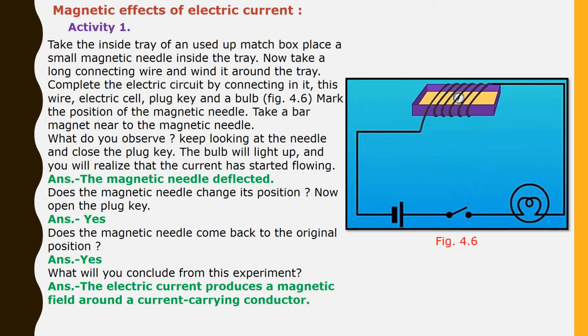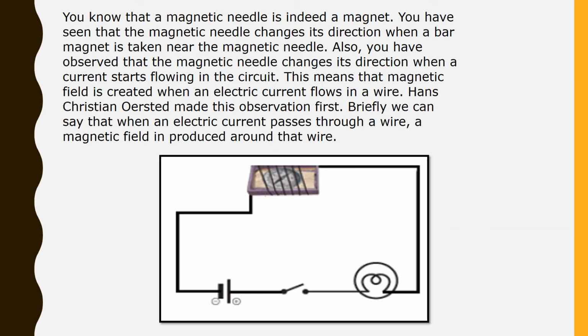What will you conclude from this experiment? You can observe from this experiment, children, that electric current produces a magnetic field around a current carrying conductor. From this magnetic effect of electric current, you can understand that the magnetic needle is behaving as a magnet.